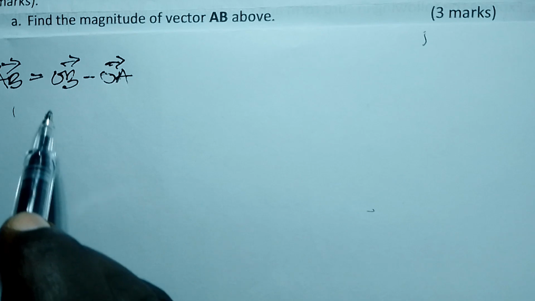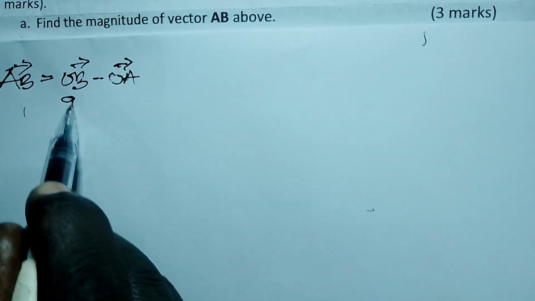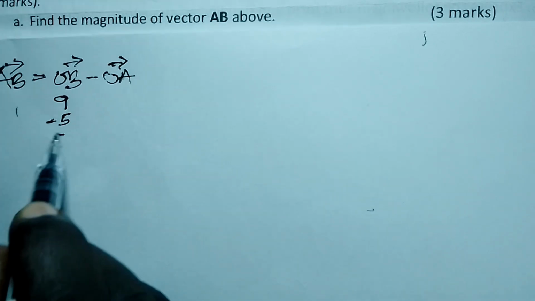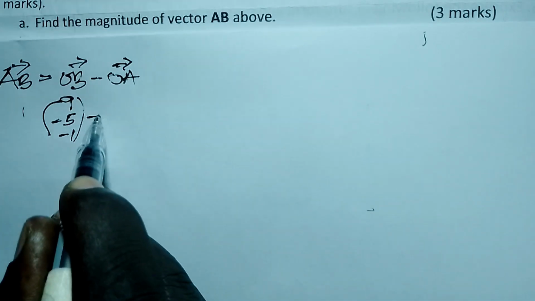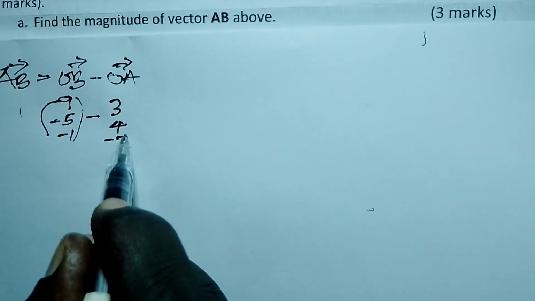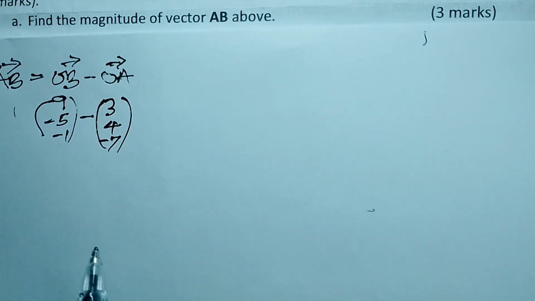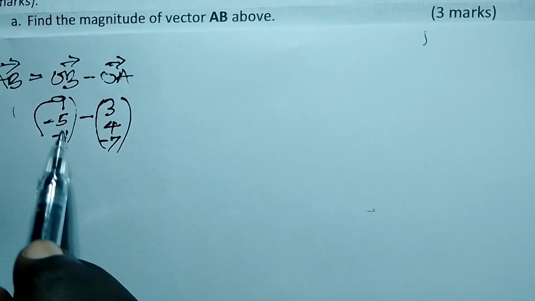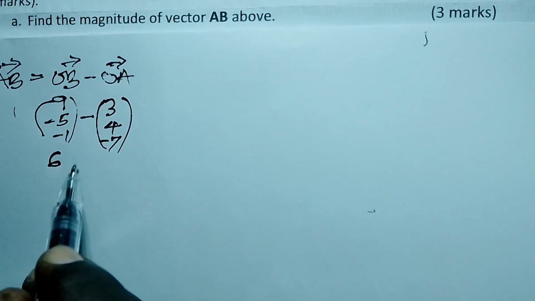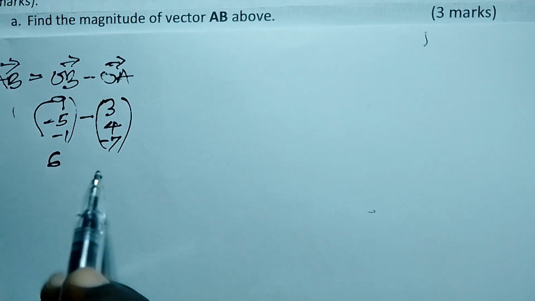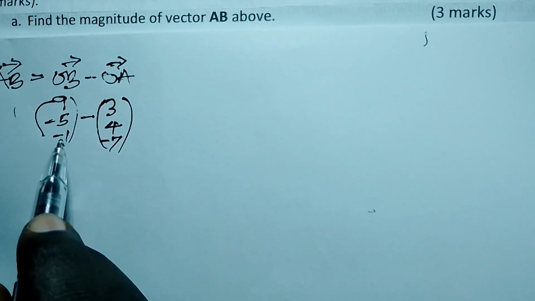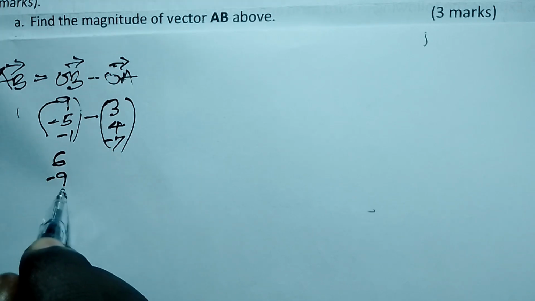The vector OB in terms of a column is given by 9, negative 5, negative 1, minus OA, which is 3, 4, negative 7. So when you subtract this, you get 9 minus 3, that gives you 6, negative 5 minus 4, negative 9, and negative 1 minus 7, negative 1 plus 7, which gives you 6.